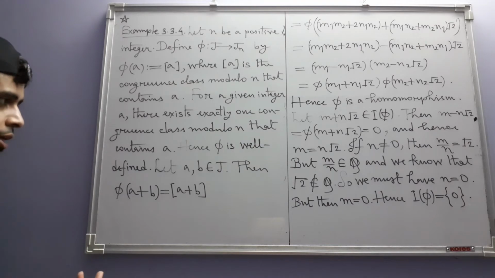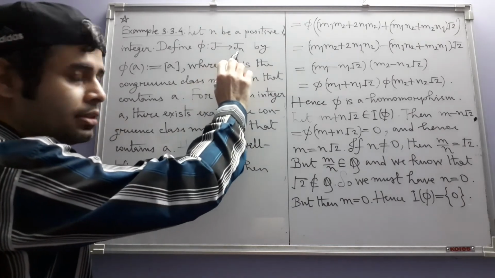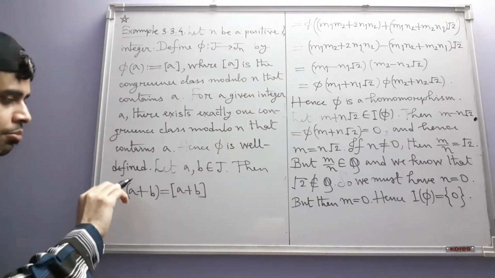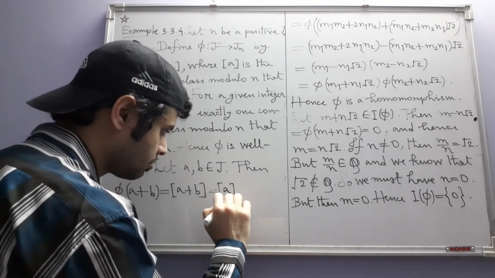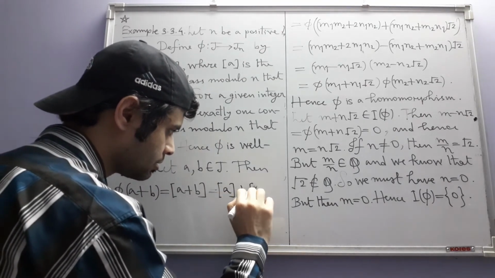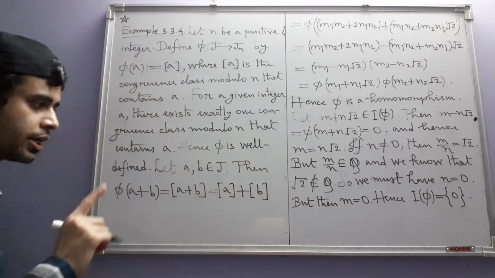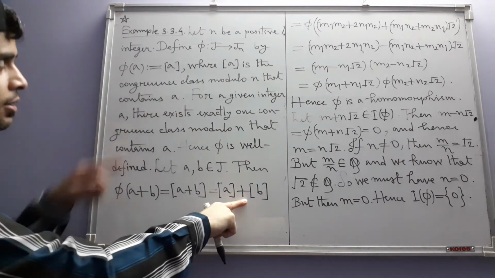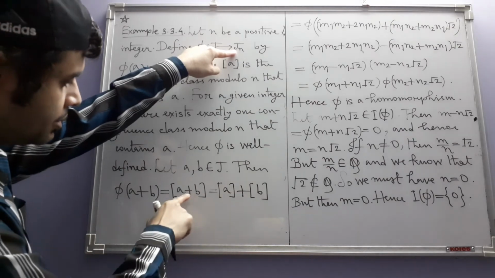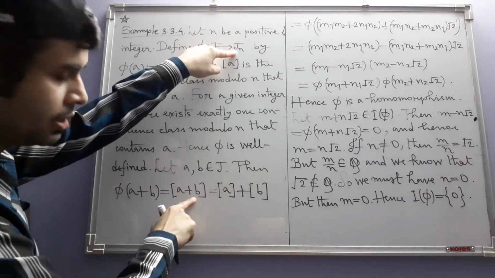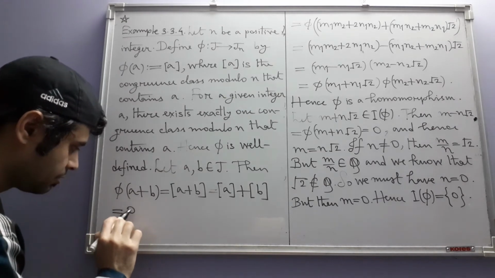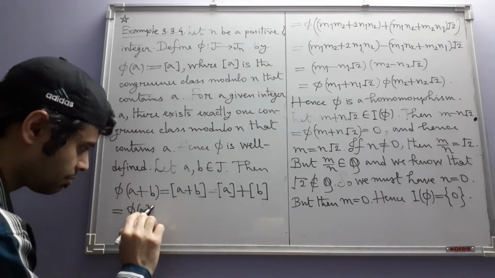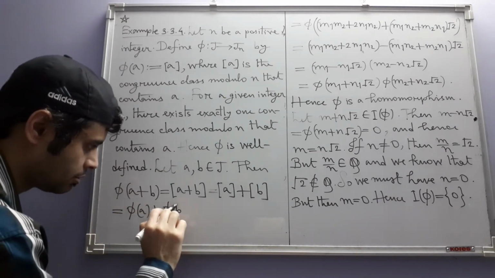But according to the definition of addition in this ring, that is addition modulo n, this is nothing but this plus this. Note carefully that this is the addition in Jn, and this is ordinary addition between the integers a and b. And this is nothing but phi of a plus phi of b.